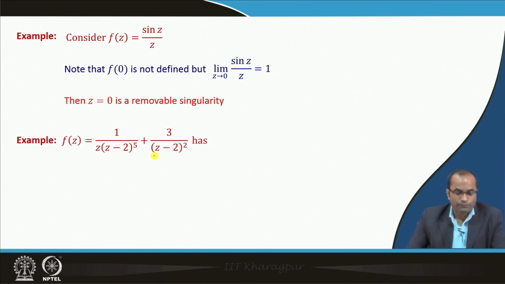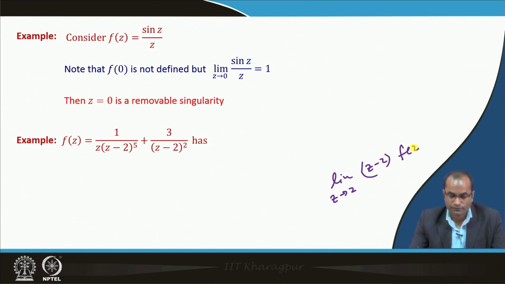And now, for the second part, what we will do is multiply by z minus 2 to some power and then take the limit z to 2. We will see what power we should take, so that we get some finite number.